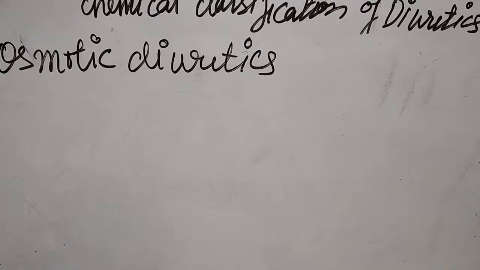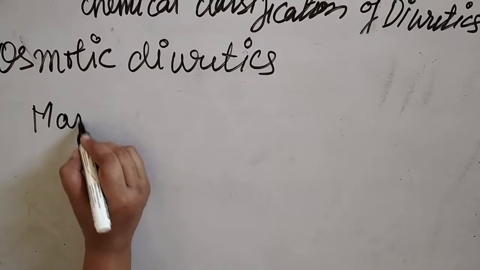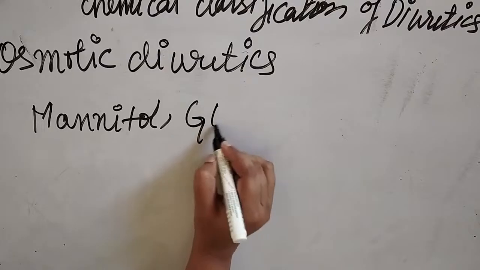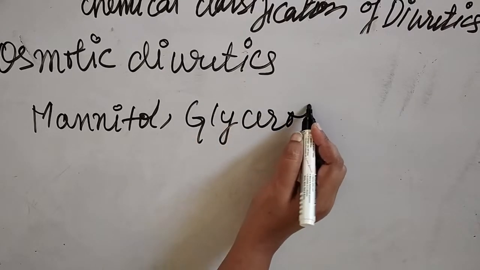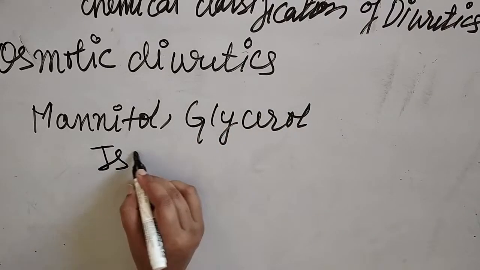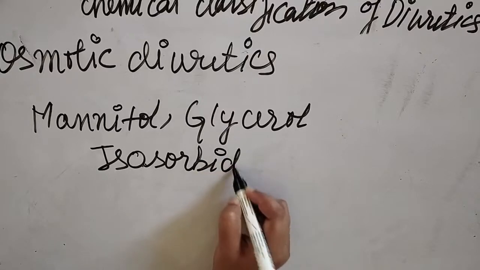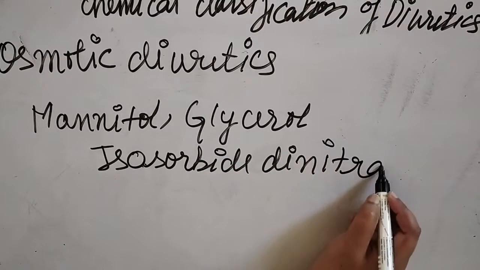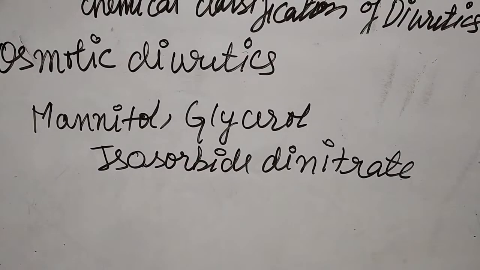Examples of osmotic diuretics are mannitol, glycerol, and isosorbide dinitrate. These are the examples of osmotic diuretics.